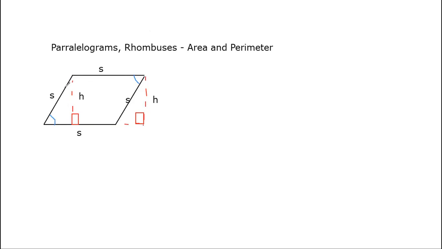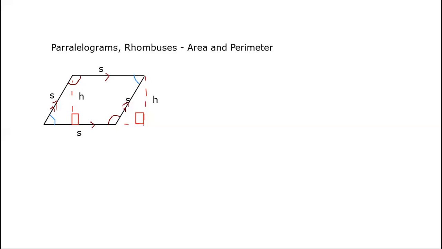And this angle, it's not 90 like a square, but because it's a parallelogram, it's equal to that angle. And remember, opposite sides are parallel. So this side is parallel to the base, and this side is parallel to this side. Hence the definition parallelogram, because a rhombus is nothing more than a parallelogram.